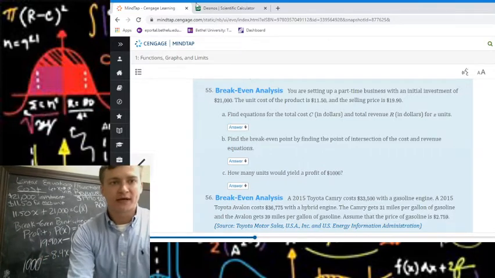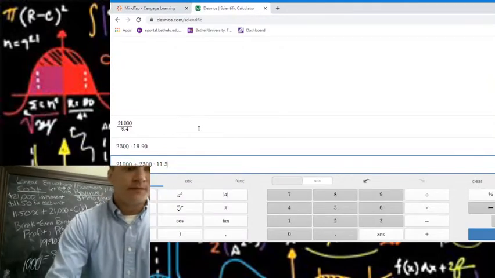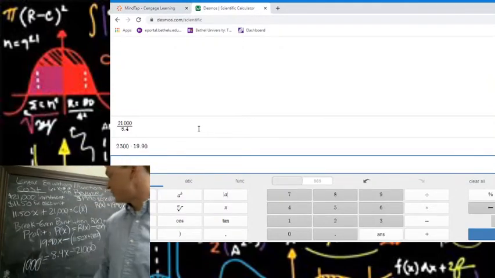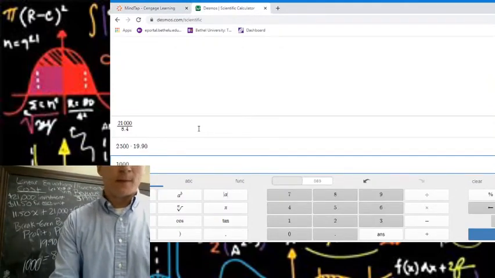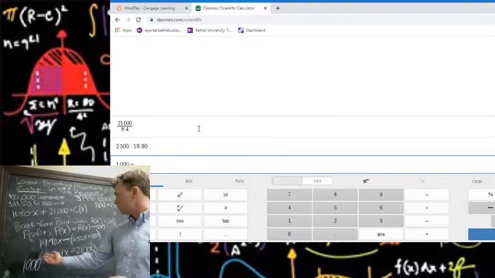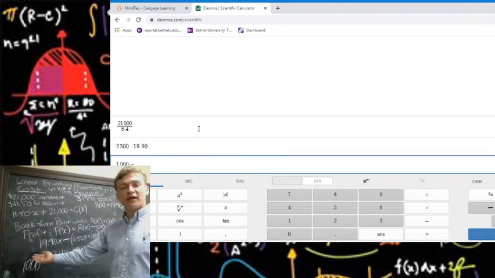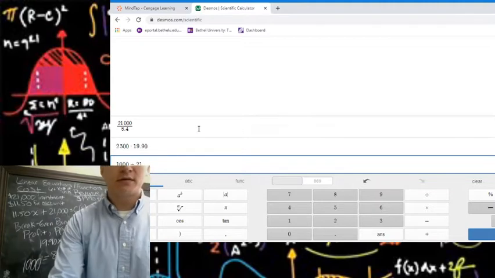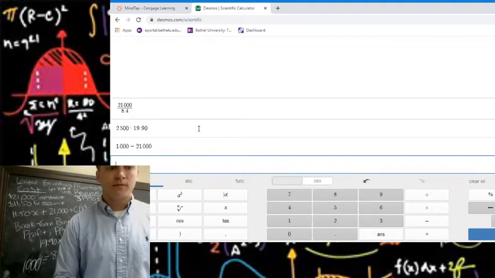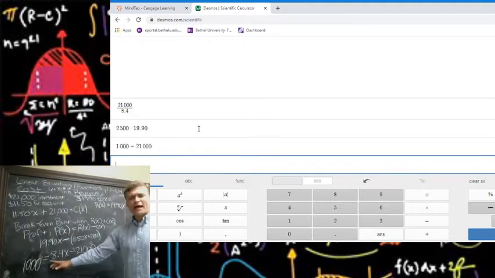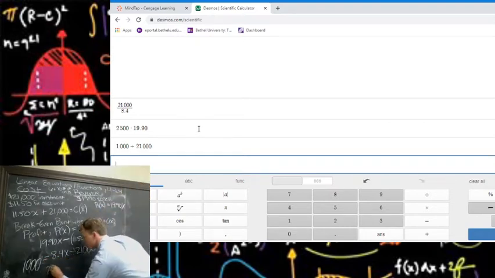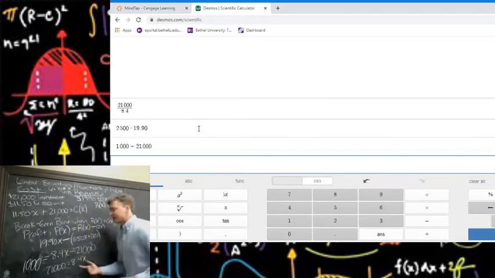Going back to my calculator, if I take the 1,000 on the left-hand side and move over the minus 21,000, it's now plus 21,000. But now I have 22,000 equals 8.4x. So to get x by itself, let's divide by the 8.4.